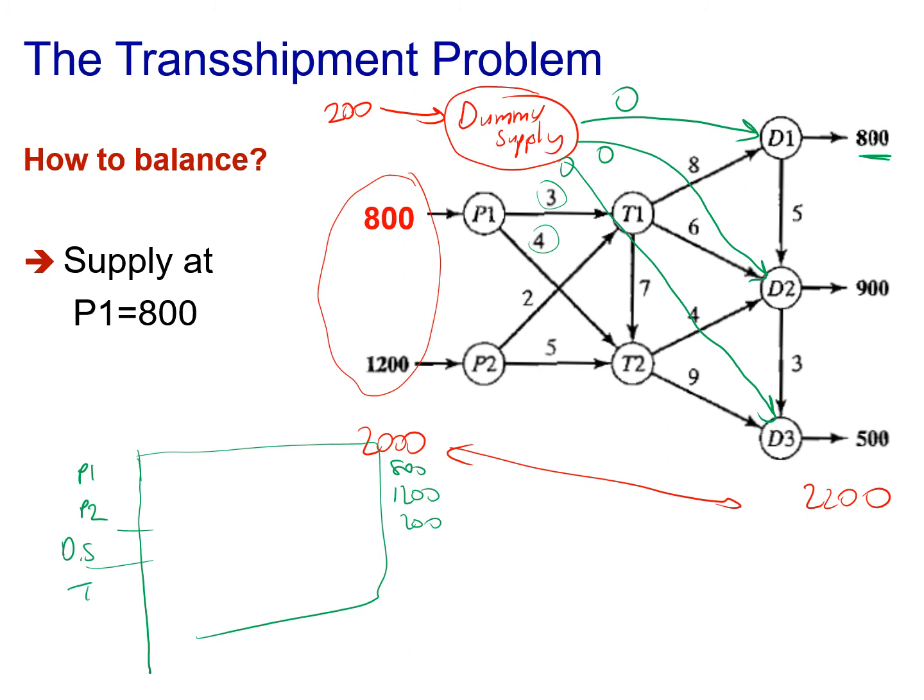Then we list the transshipment nodes, and these are the number of rows. The order is not important, you can list them in any order. Then the pure demand points, and we write their demand values. This is how we balance if the supply is less than the demand.